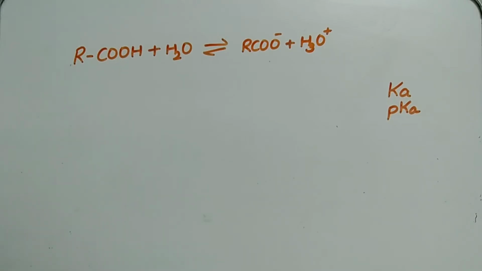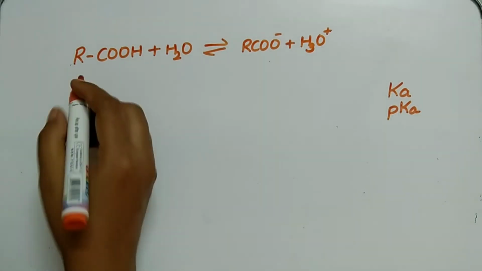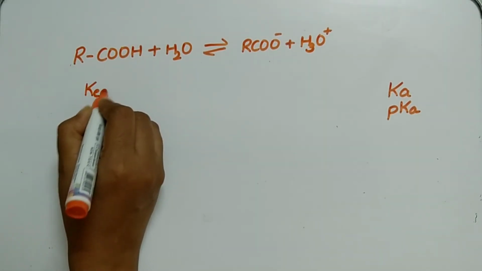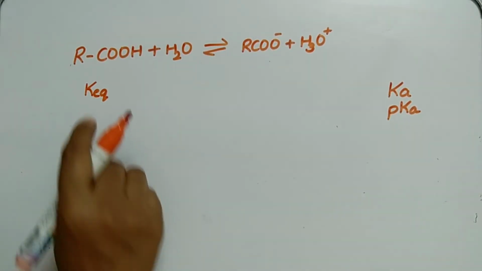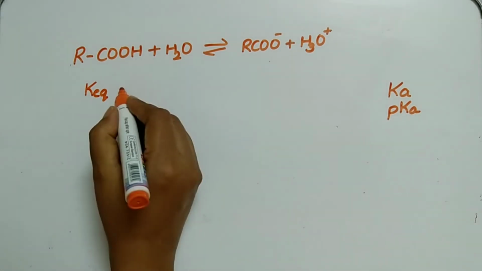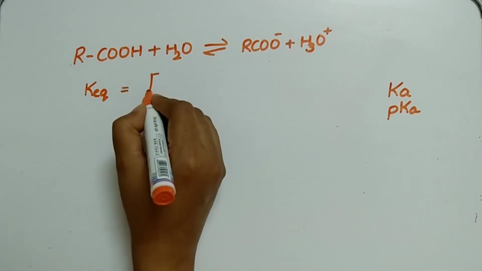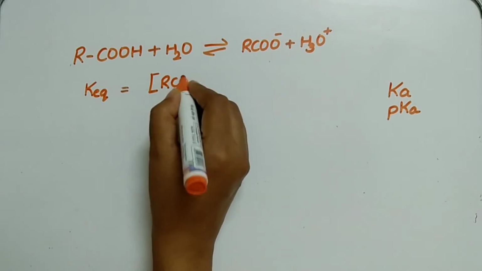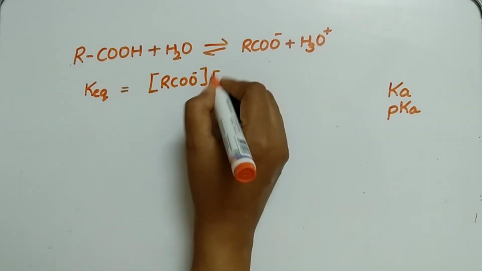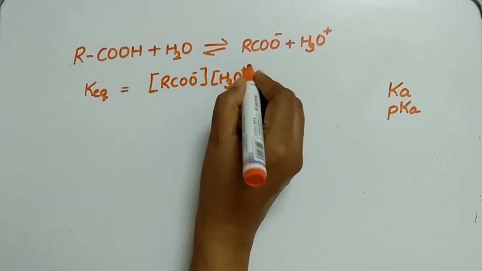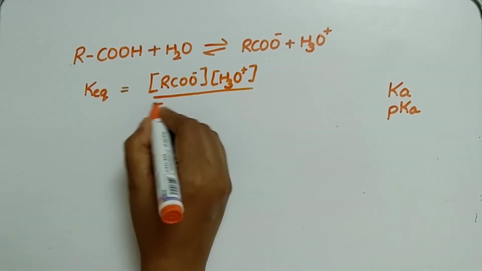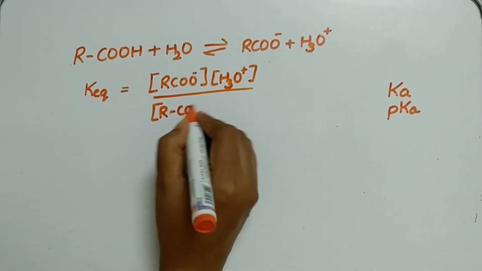Now if we want to write the equilibrium constant for this equation, Keq, that is equilibrium, K stands for the word constant. We write it as the concentration of the products divided by the concentration of the reactant.